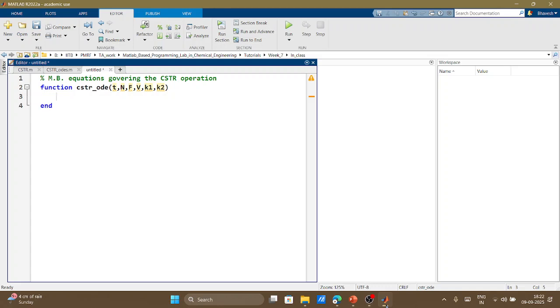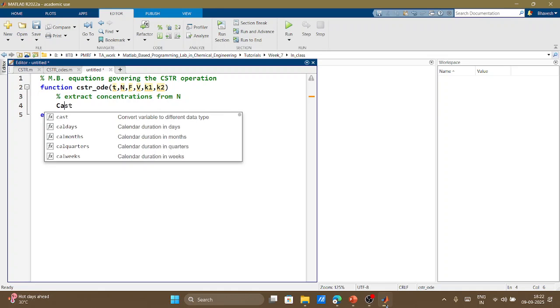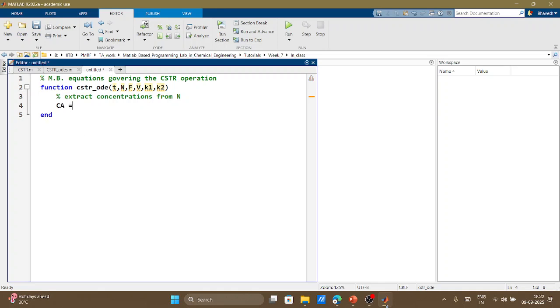Now let's define all the functions one by one. So first, what we will do, extract concentrations from N. Okay, so here let's define CA as the first component of N by volume.